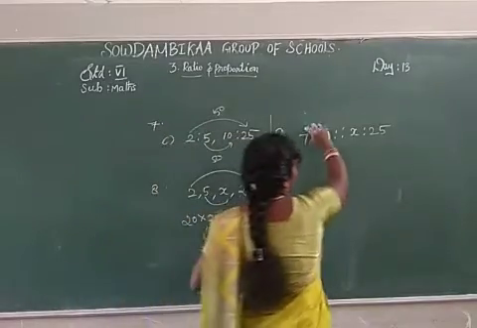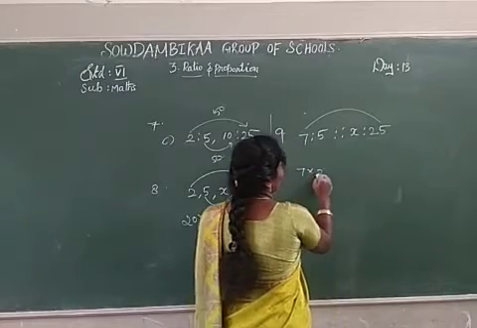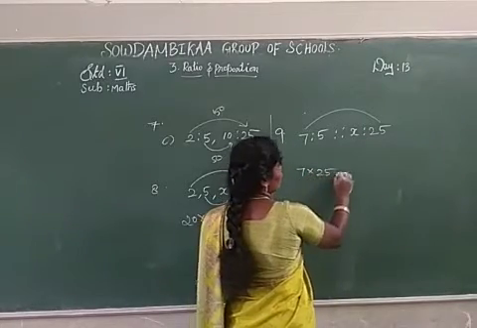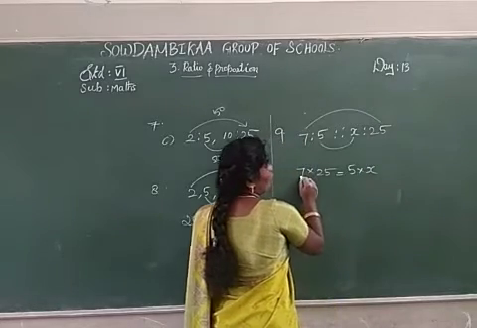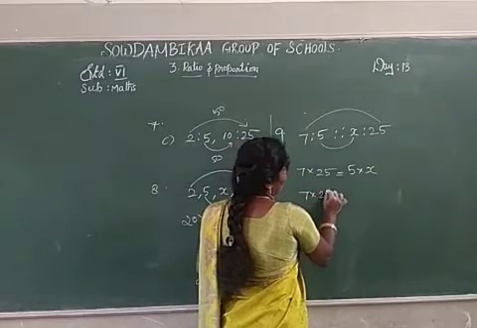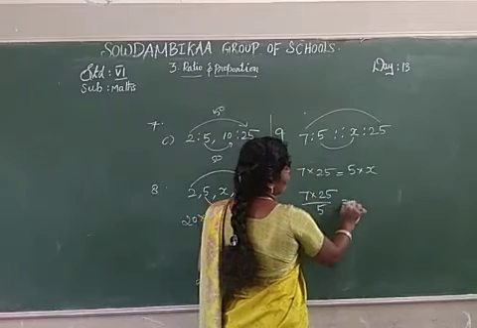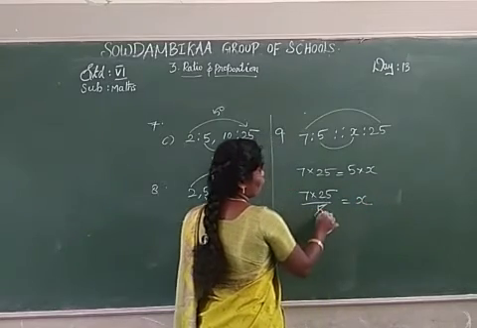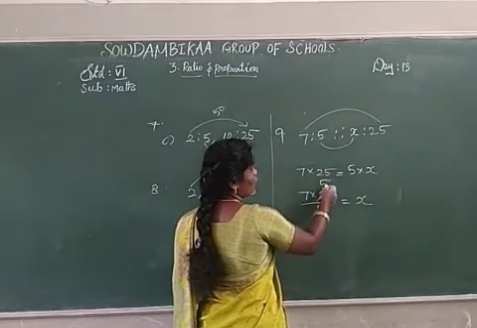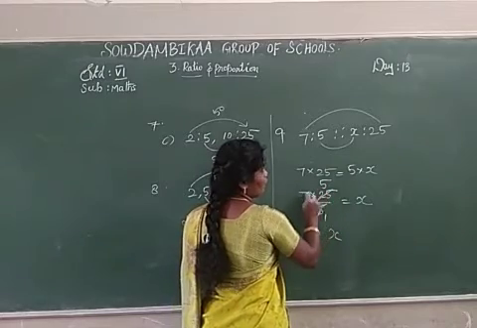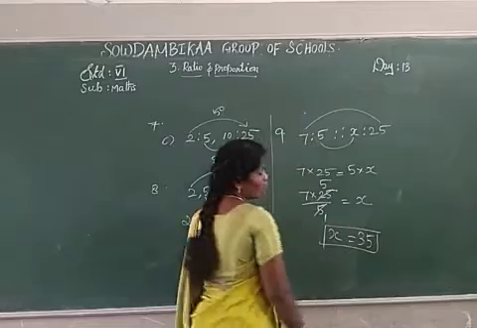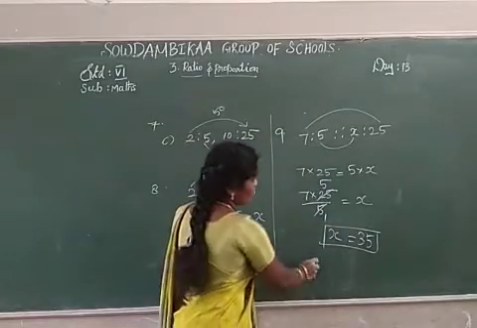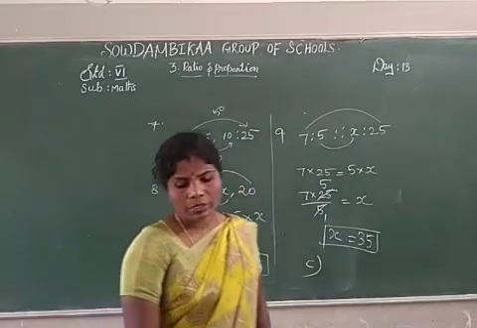The same: 7 is to 25, extreme term is equal to mean term. 7 into 25 divided by 5 is equal to x. 5 5s are 25, so x is 7 5s are 35. The answer is 35. C is the answer.